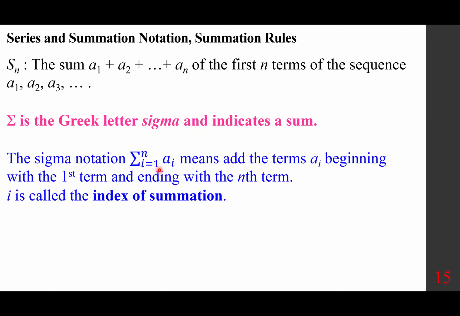The sigma notation, summation of i going from 1 to n of a sub i, means add the terms a sub i beginning with the first term and ending with the nth term. i is called the index of summation.